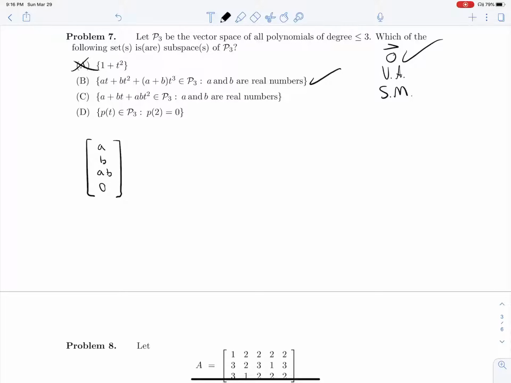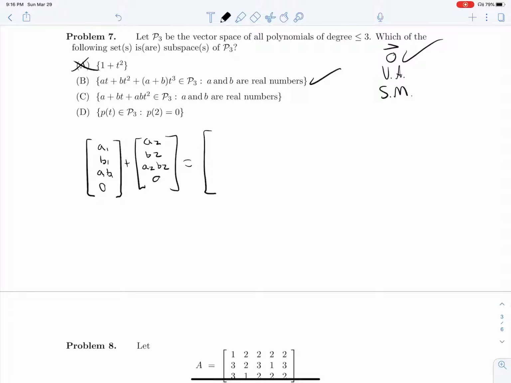So let's choose arbitrary a1s and b1s and a2s and b2s and try to add these guys up. So we're going to take our first vector and add a2, b2, a2 b2, and 0.